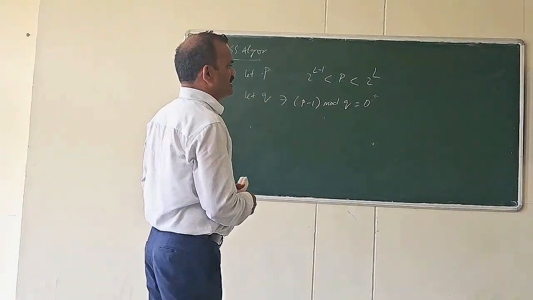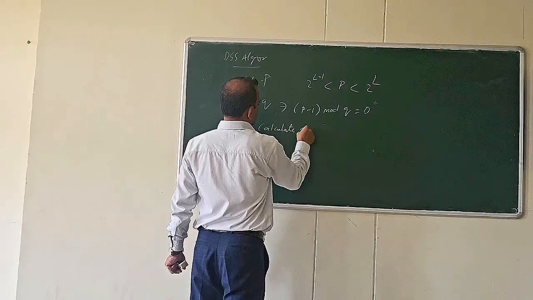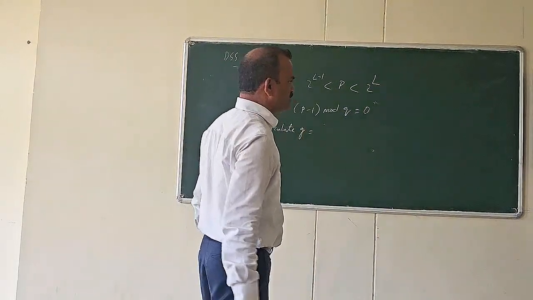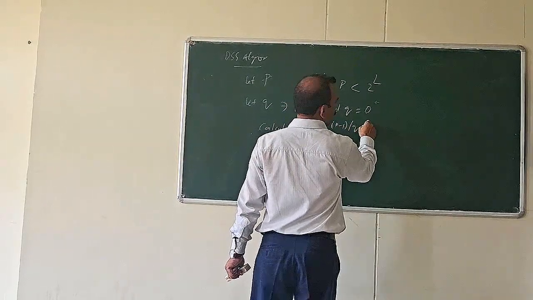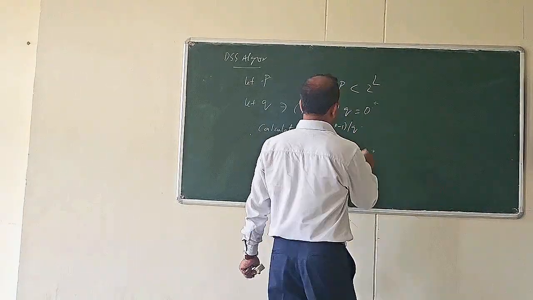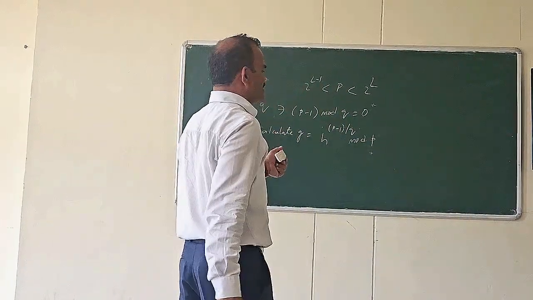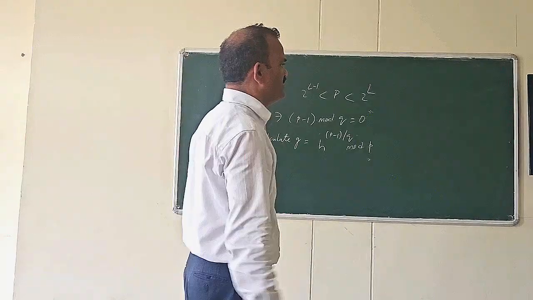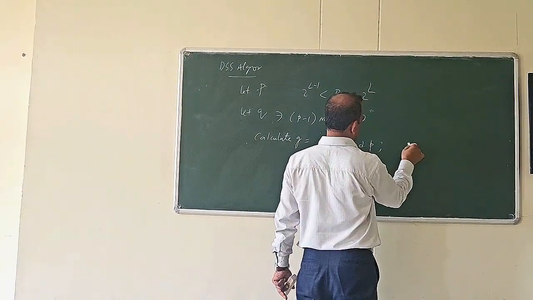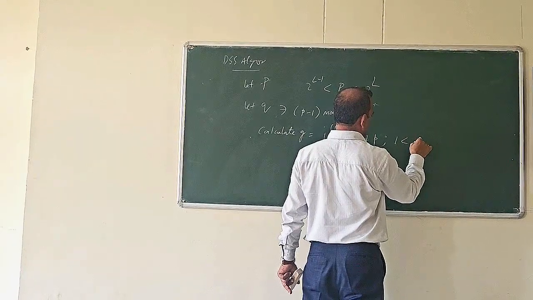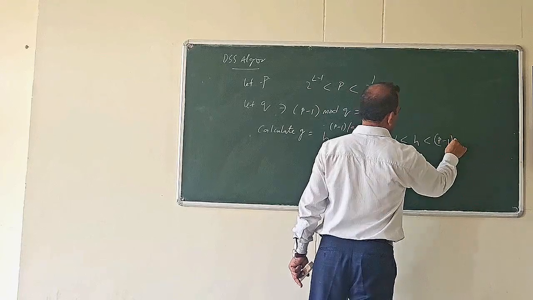Calculate G. G equals H power (P minus 1) by Q mod P, where H lies between 1 and P minus 1, that is, 1 is less than H, less than P minus 1.